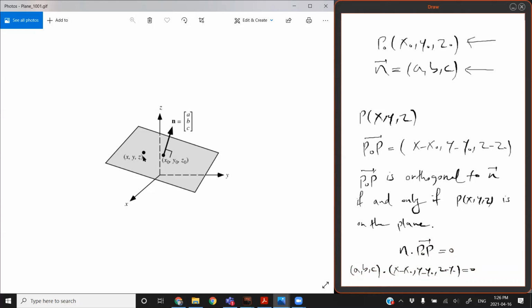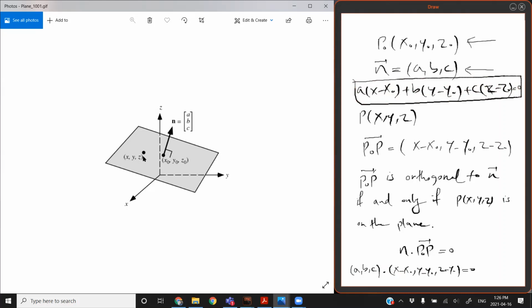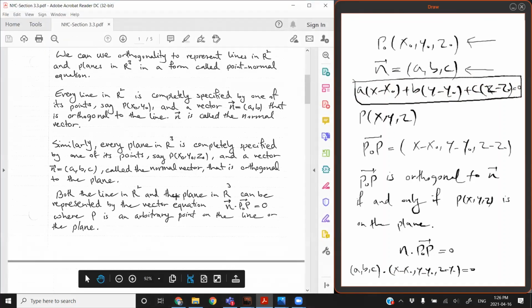So my equation is going to be A times (X minus X0) plus B times (Y minus Y0) plus C times (Z minus Z0) is equal to 0. That would be the point-normal equation of a plane in R3. Okay, so we have this.